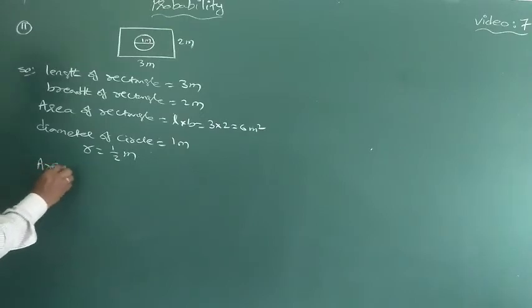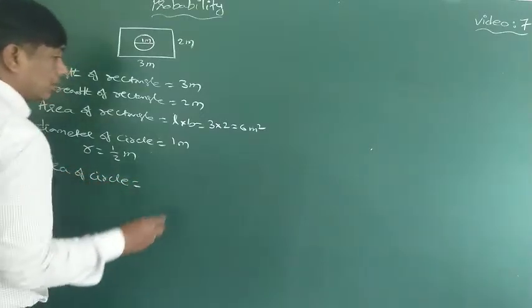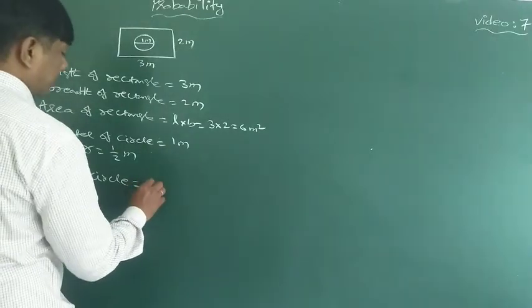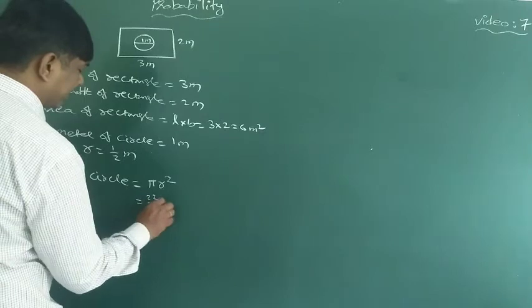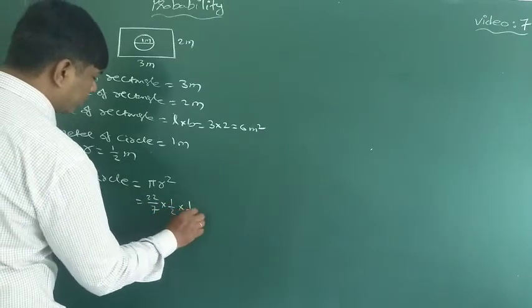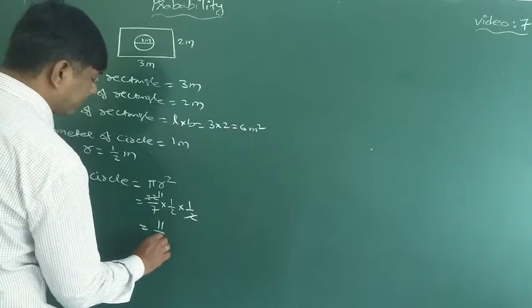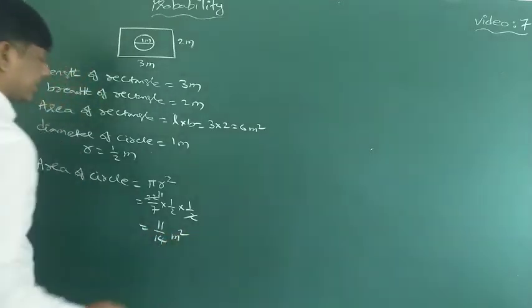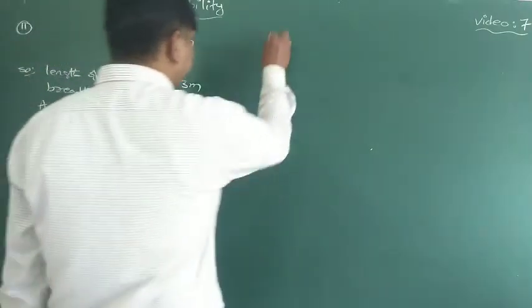Now, area of the circle is equal to pi r square, formula 22 by 7 into 1 by 2 into 1 by 2, 2 1s are 2, 7 2s are 14, that is equal to 11 by 14 meter square.